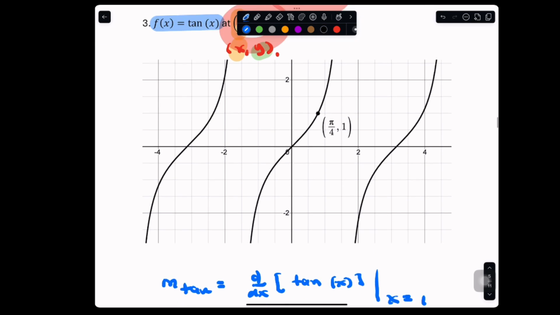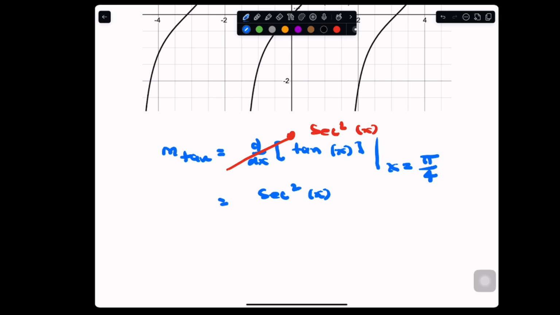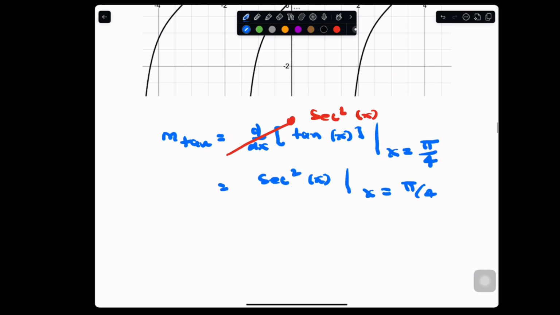Is that true? No, pi over 4. Okay, pi over 4. All right, what's the derivative of tangent? Secant squared. So this will be secant squared now evaluated at x is pi over 4.